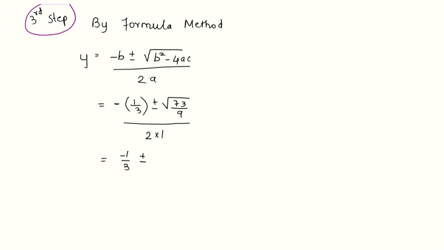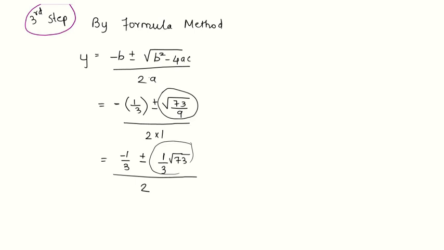There is no square root of 73, but the square root of 9 is 3. Therefore, this 9 will come out. The square root of 9 is 3, therefore this is 3 square root of 73. This is written as 1 upon 3 and square root of 73 upon 2.